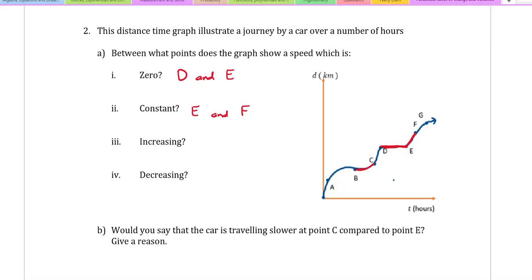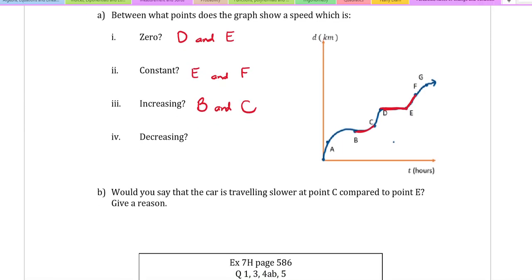Let's go with that one. We're going to say increasing between B and C. And then we want decreasing, so slowing down. We already found some before that was slowing down. So let's go between A and B is slowing down. And we probably could have up here as well between F and G is slowing down. So A and B and F and G.